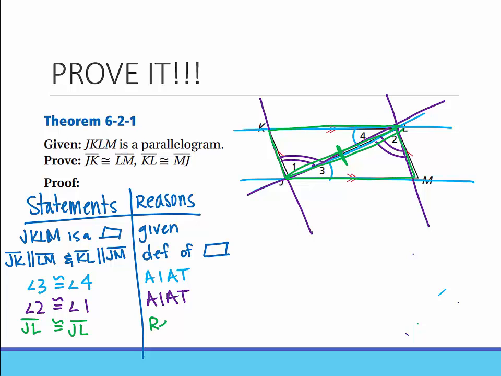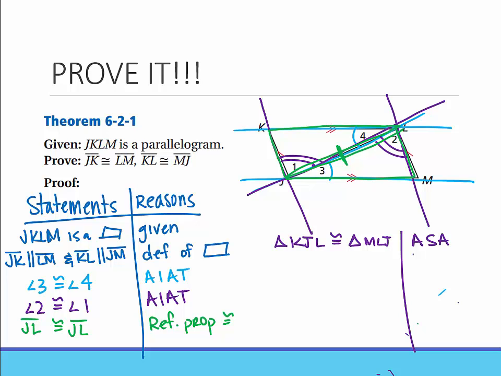And that's because of our reflexive property of congruence. So now I have enough information to prove that the top triangle is congruent to the bottom triangle by angle side angle. So I know that triangle KJL has to be congruent to triangle MLJ because of angle side angle.